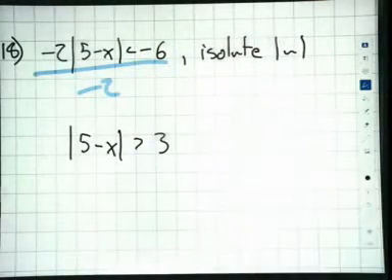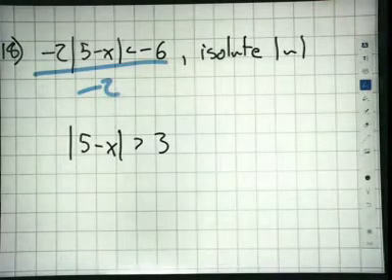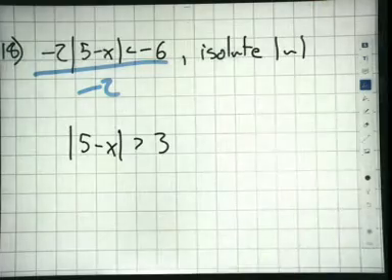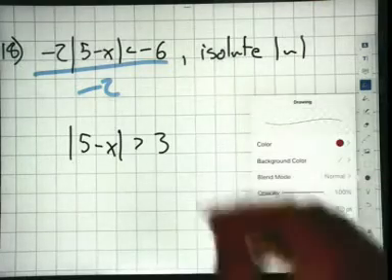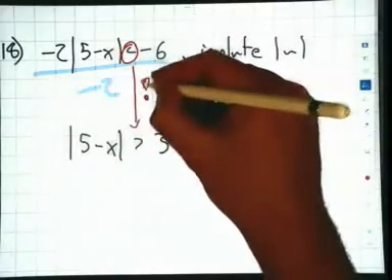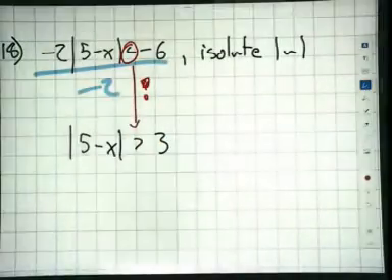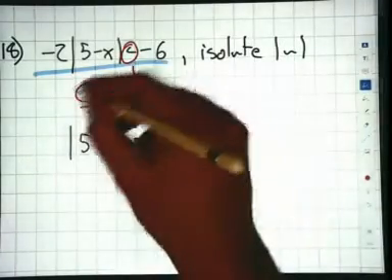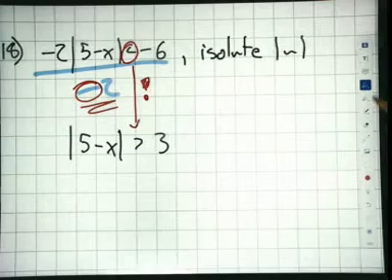So we have to rewrite this as absolute value of u is now greater than 3. I'm just going to highlight this. Change the direction of your inequality symbol. Why? Because we divided by a negative. Alright, so now we can proceed.